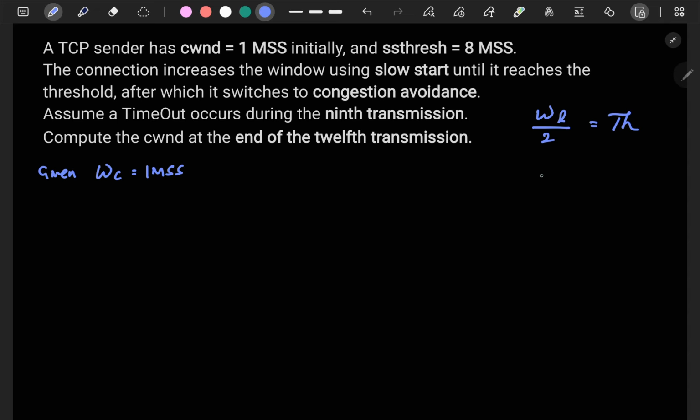For example, in an exam, if the congestion window size is written as 1 kb, consider 1 kb equal to 1 MSS. Convert everything into MSS and solve the problem. Everything would be very easy. Hope you understood.